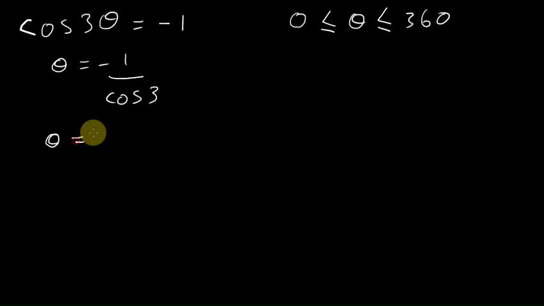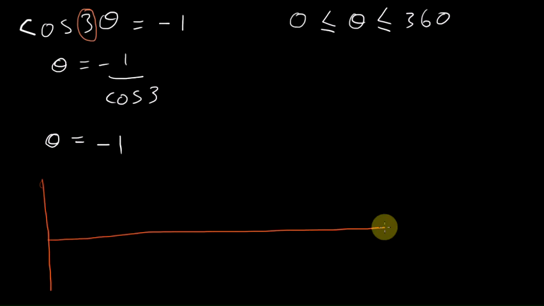So theta will give us, when I plug it into my calculator, minus 1. Okay, so what do we do? Of course, this question is pretty similar to the last one, and we've got to take note of this. If we were going to draw the original, then we'd start from here.